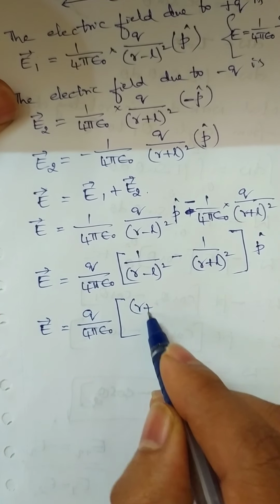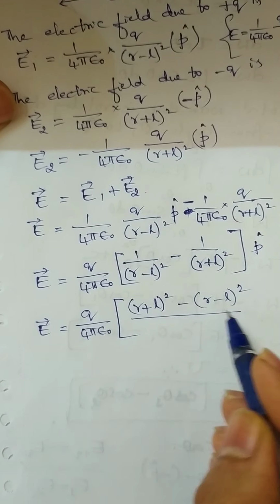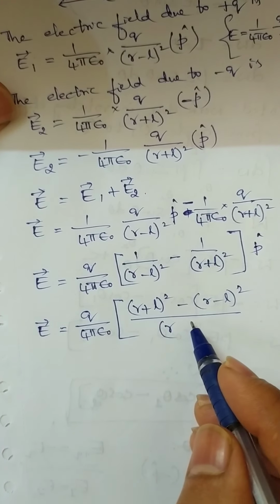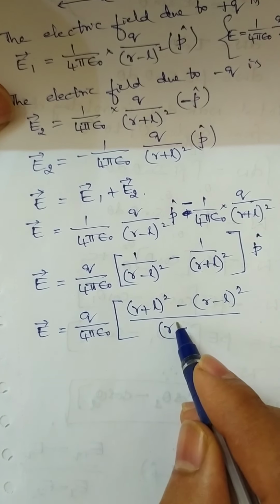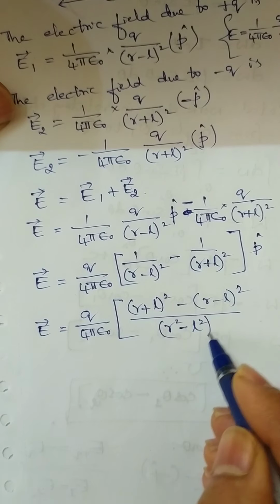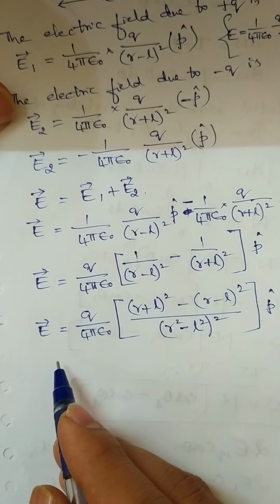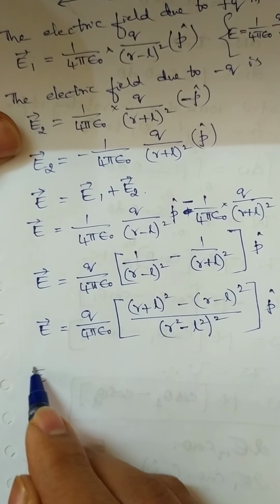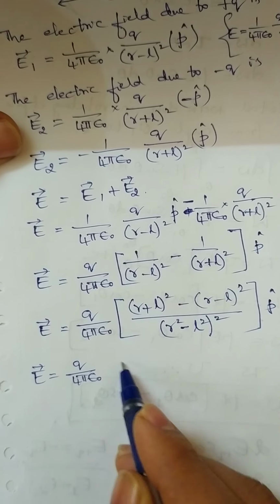So this becomes (r plus l) whole square minus (r minus l) whole square, divided by (r square minus l square) whole square. Okay, so p cap I have taken common here. So the next thing is vector E is equal to q divided by 4 pi epsilon naught.